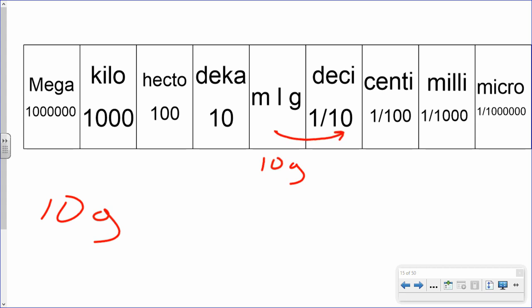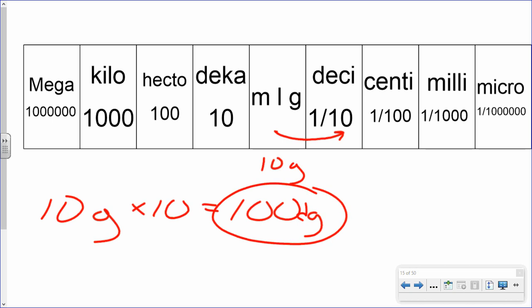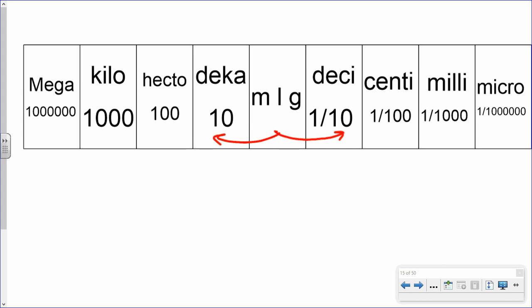Well, that's 1/10 smaller, or in other words, it takes 10 times more decigrams to make up the 10 grams. So 10 times 10 gives me 100 decigrams. Okay, notice the label changed. And again, if I was to go this way, now I'm getting bigger, so I'm going to divide by 10.